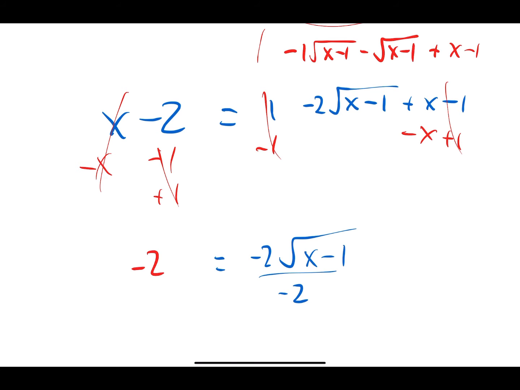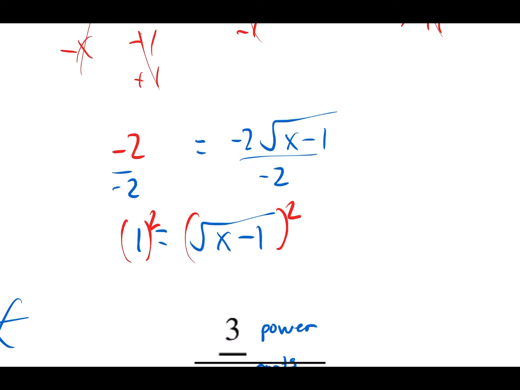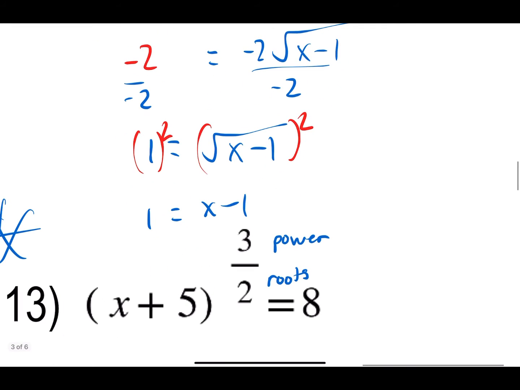Divide both sides by negative 2, and I'm left with a positive 1. Square both sides, not too interesting because 1 squared is just 1. And then we have 1 equals x minus 1, add 1 to both sides, x equals 2.